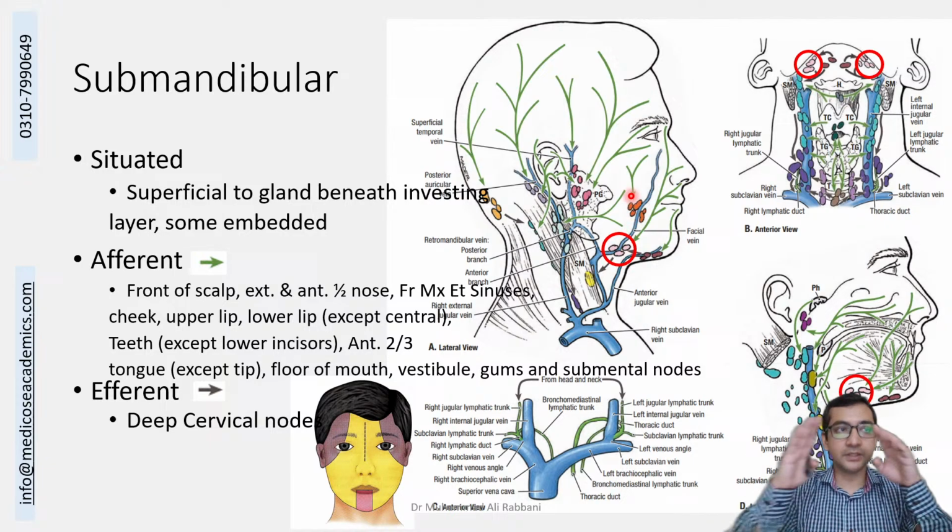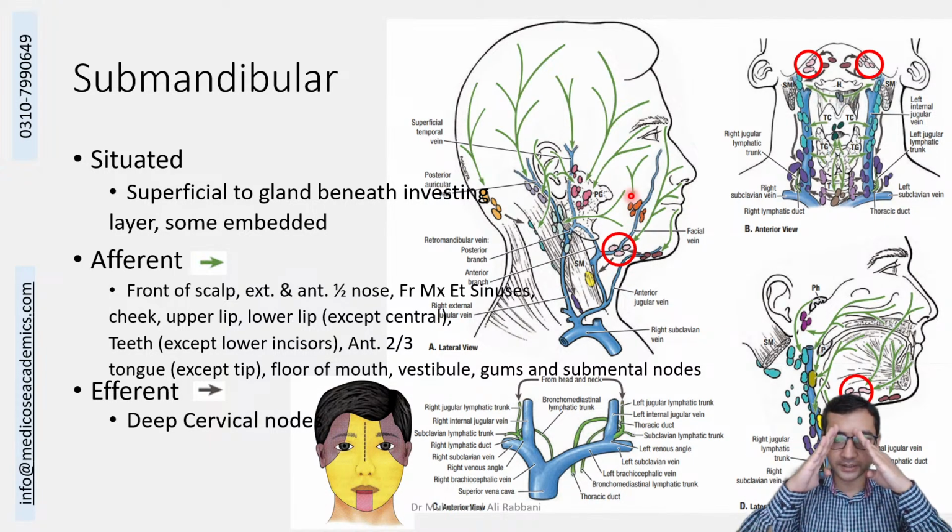So everything that was inside this line: the nose, complete anterior aspect, upper jaw, lower jaw, and the cheek area. These include the face and the front of the scalp also. So the front of the scalp, nose, external sinuses, upper lip, lower lip, and teeth, all of these are coming into the submandibular group of nodes. Different from that, it is going to the deep group of cervical nodes.